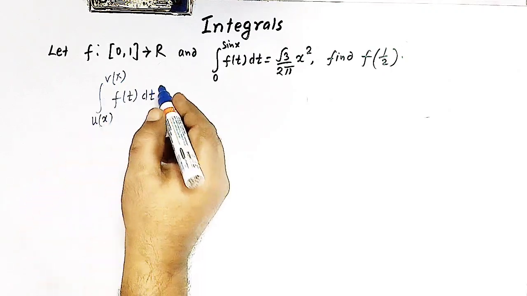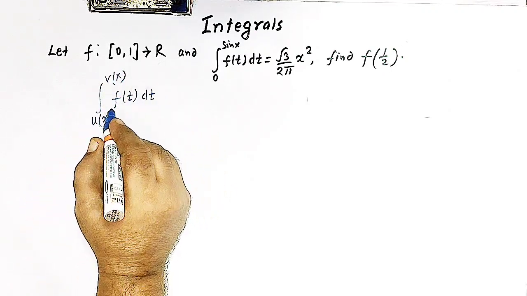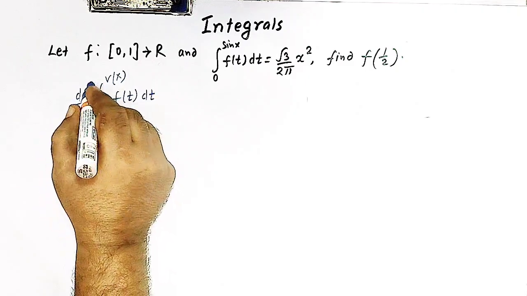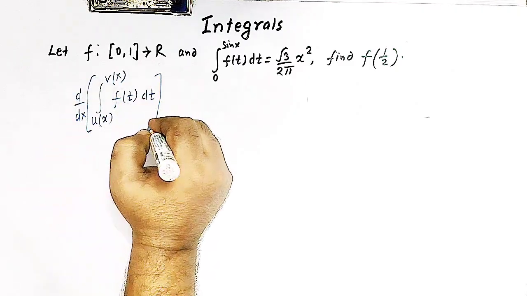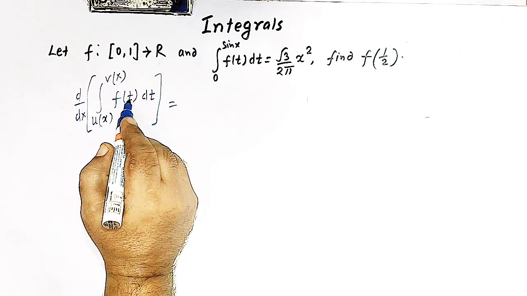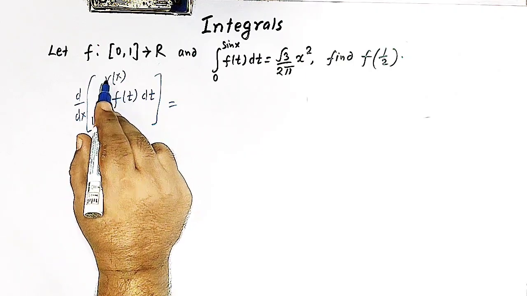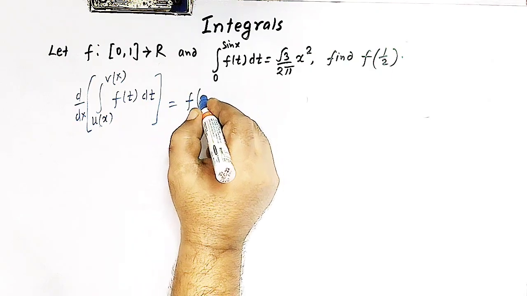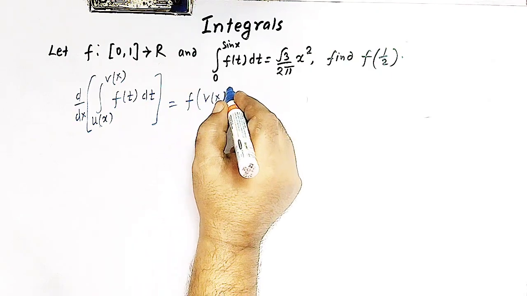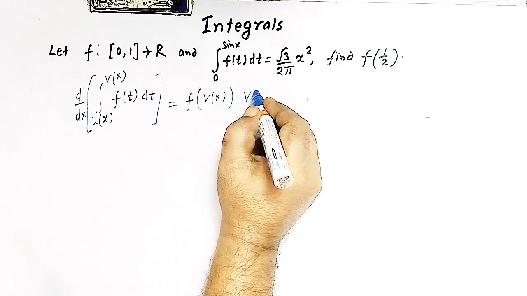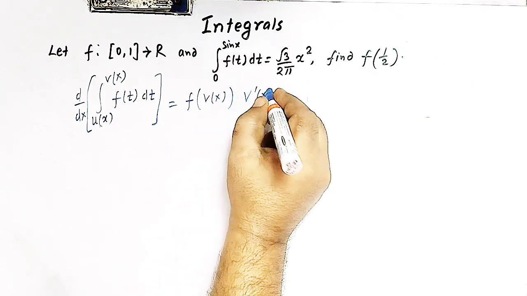Now, suppose we wish to differentiate this integral with respect to x. Then Leibniz rule says that first we replace t by the upper limit, v of x, so we have f of v of x, and then we differentiate v of x with respect to x.